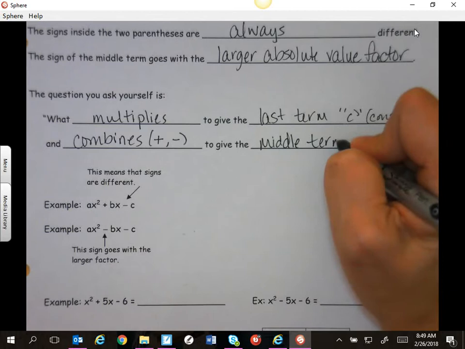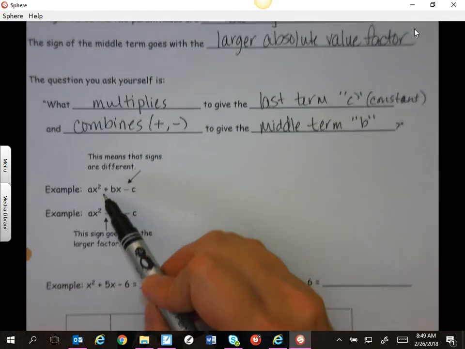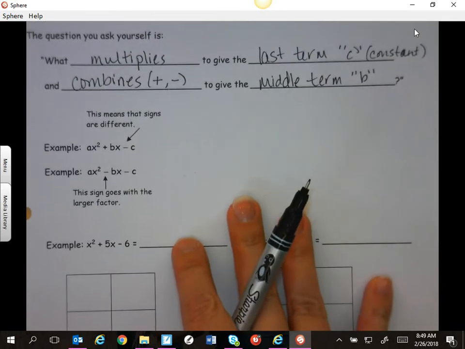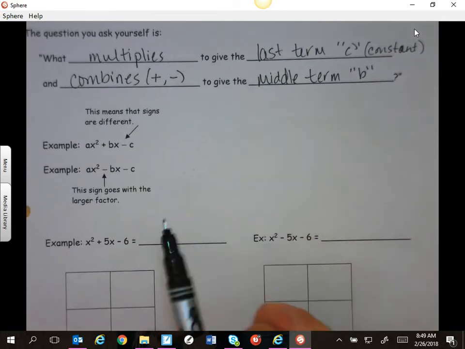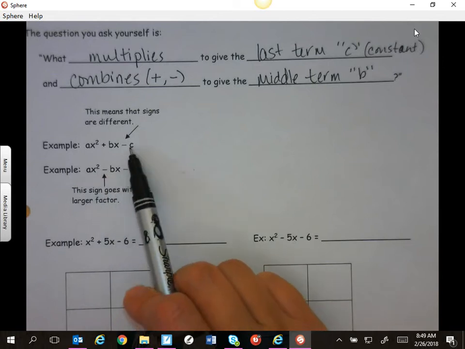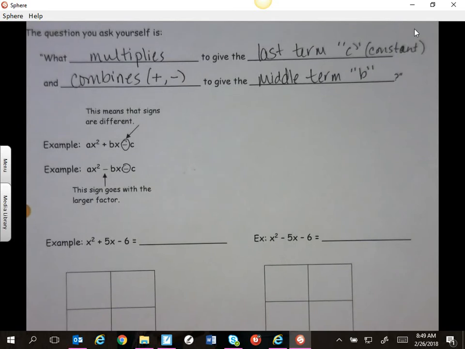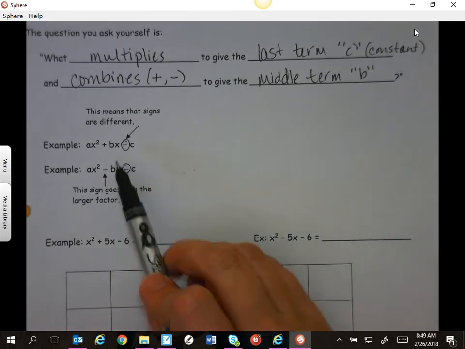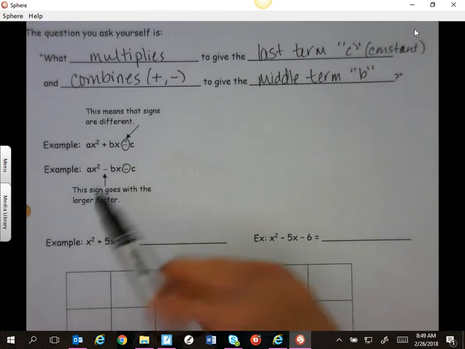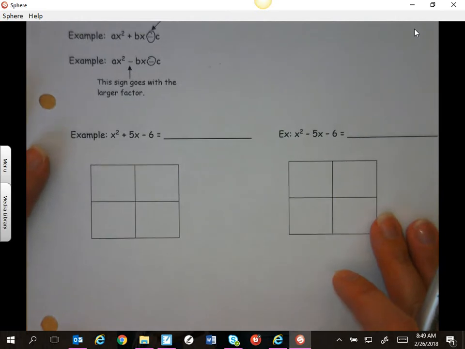So if we look at these two examples, x squared plus bx minus c, and ax squared minus bx minus c, the signs are different because the c is negative. Okay? We want our middle term to be positive or negative, and we're going to have to think about those key pieces.